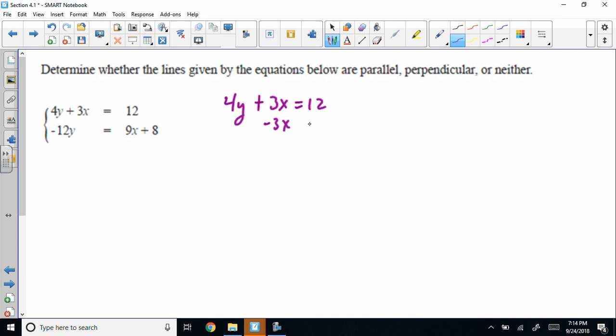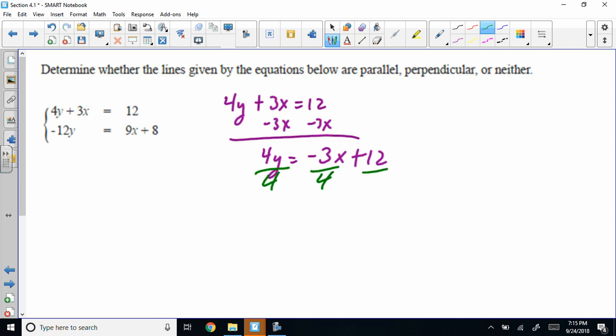So minus 3x. All right, so I got y equals negative 3/4 x plus 3 for the top one.